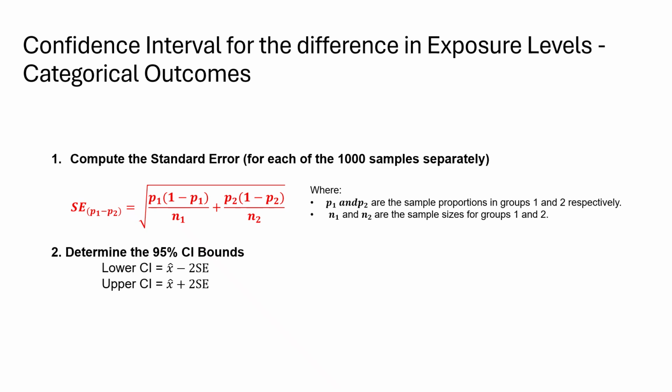And this would be underscored. Once we have calculated the standard error, then the rest of it is going to be business as usual. We will be just adding and subtracting two standard errors from the proportion to get the confidence interval.